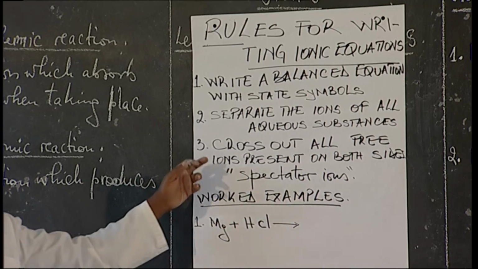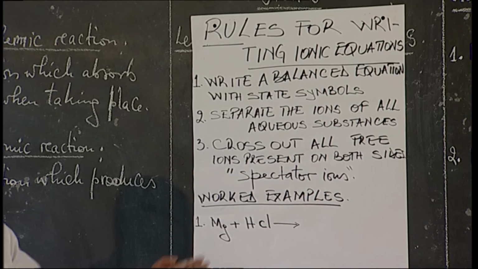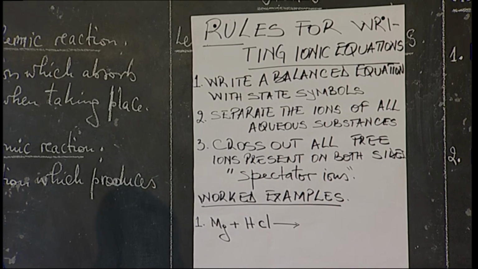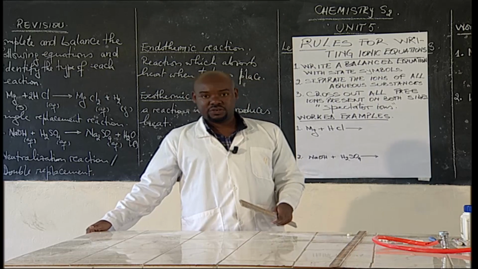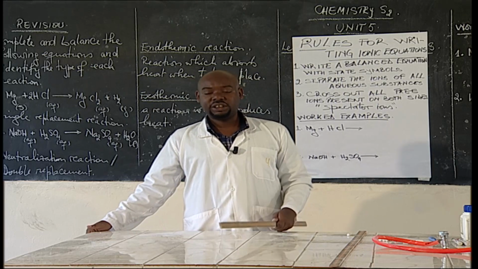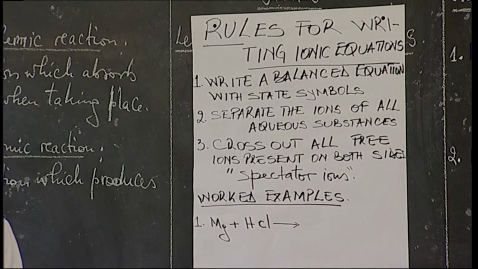We will demonstrate this rule number 3 when we work out these 2 examples. And those ions which are present on both sides and which are free in the solution, we call them spectator ions. They don't really take part in the reaction, which brings out some changes.